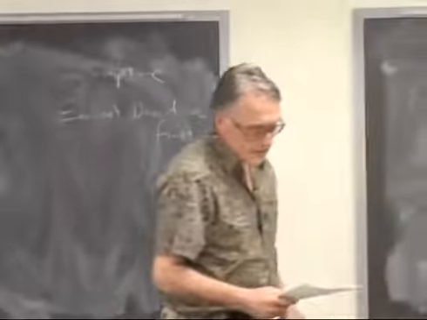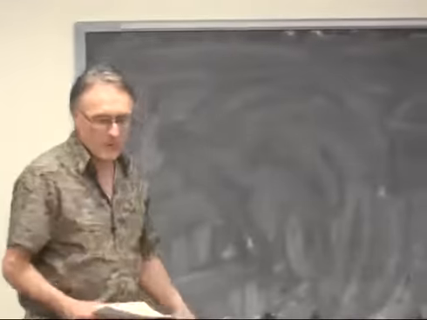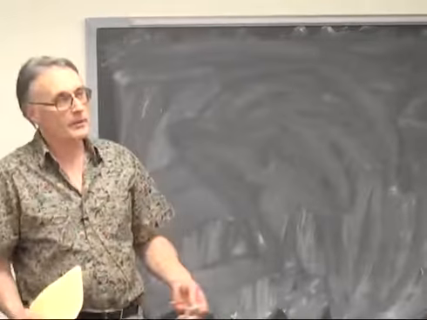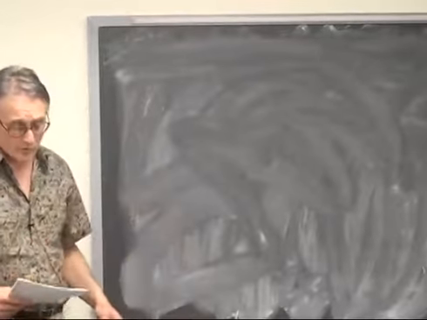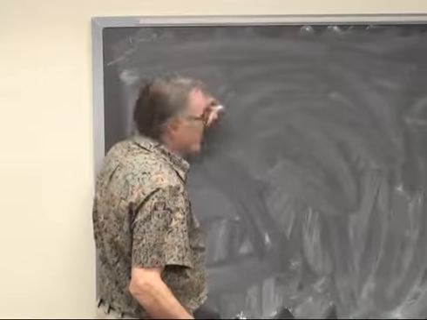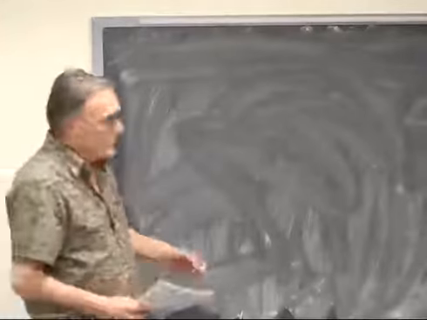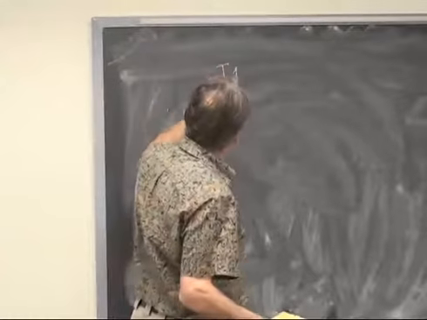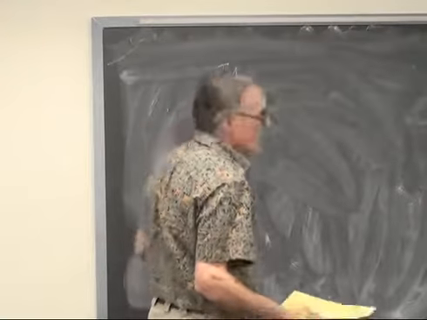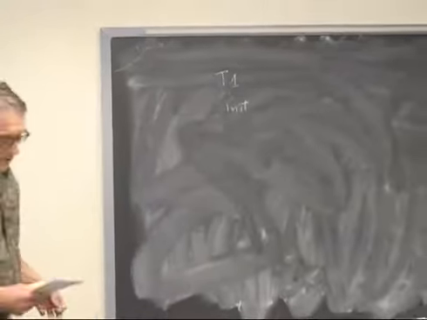So the way you're going to write a task, a process, or whatever you want to call it, a flow of control, is that it's going to be written as a C function, let's say we call this task 1. There's going to be some init section where you set up the communication with the other tasks.